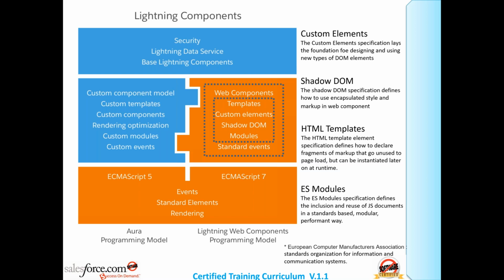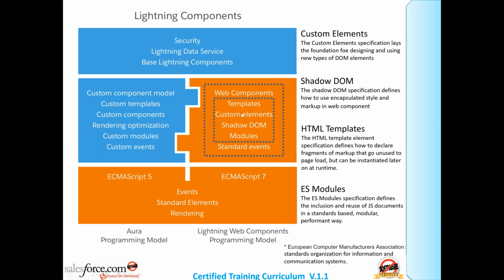So in the Aura programming model, you can see that ECMA 5 is all custom, custom, custom. Whereas LWC, ECMA 7, is all open, open, open. Custom component model, web component model. Custom template, open template.